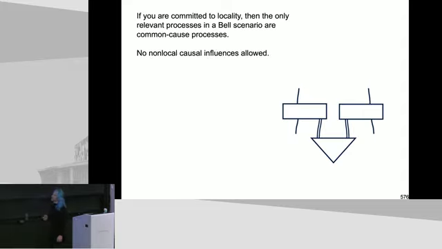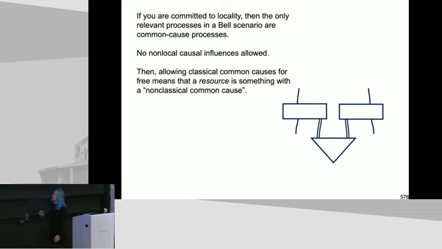You're not going to allow any non-local causal influences, classical or otherwise. Then the thing that you study in such a scenario, you're going to allow classical common causes for free, so that the resources are precisely those things which require some non-classicality in the common cause.